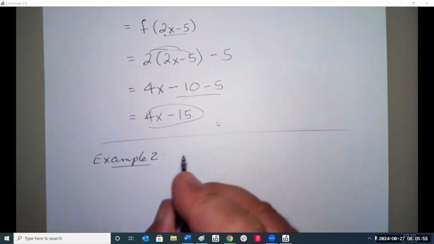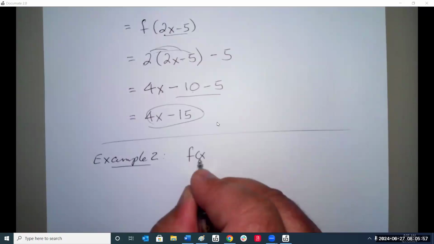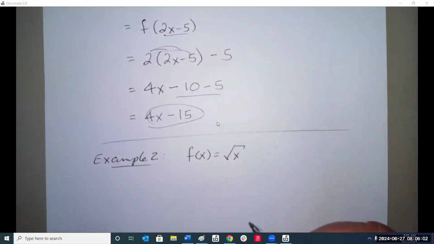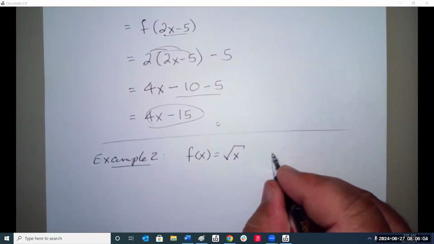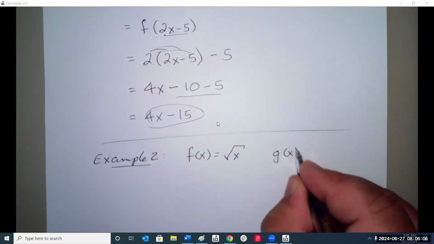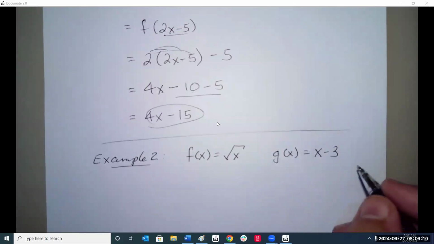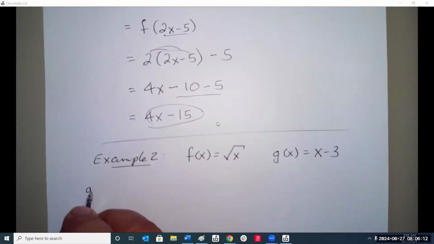Example 2 says, given that f of x equals the square root of x and g of x equals x minus 3, find the following.